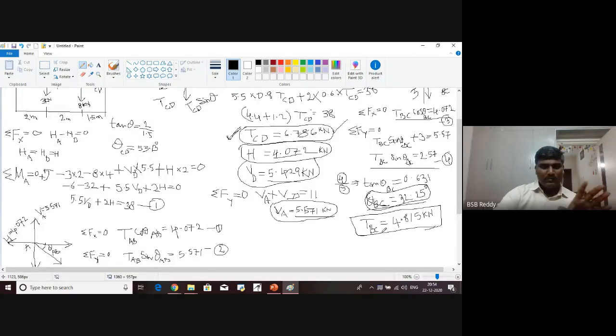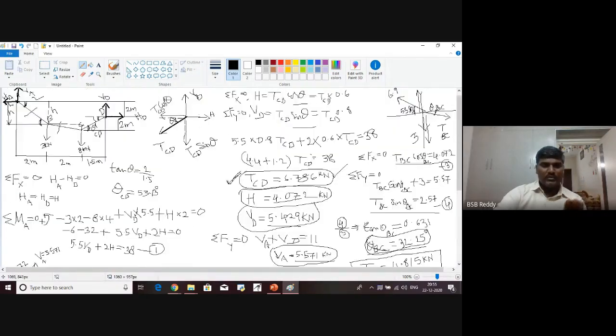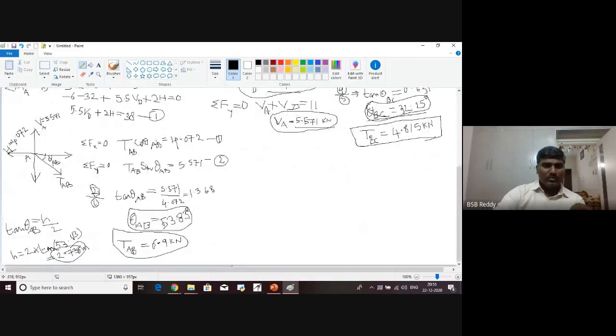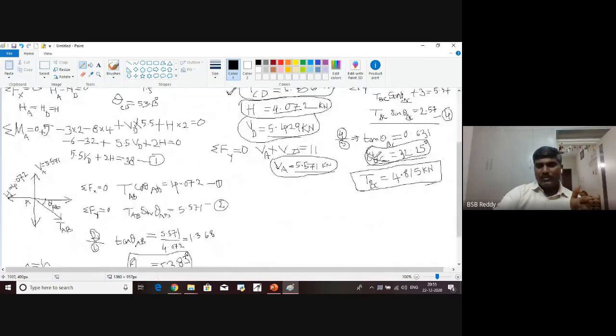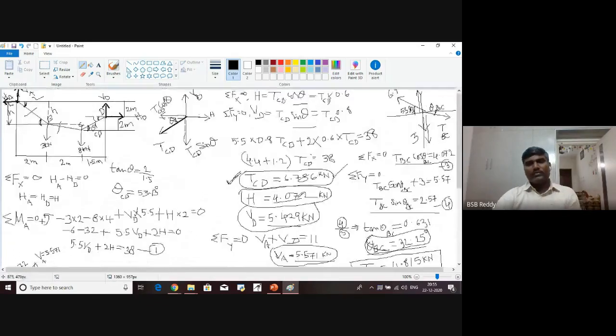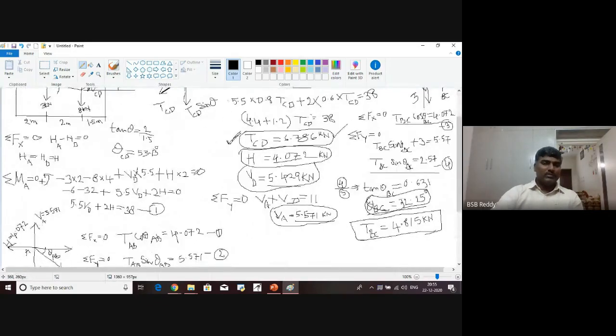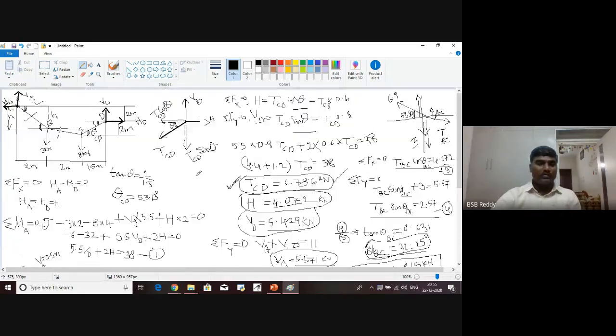So 9 values have been solved. This is how you are able to solve a problem of a cable having supports at different elevations, by a step-by-step procedure like this.